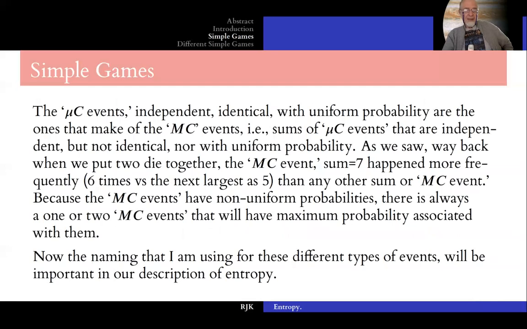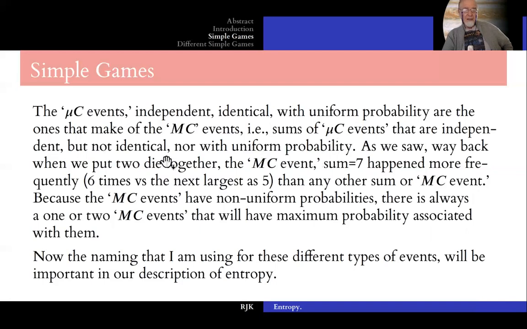These are what I am going to call mu C events, identical with uniform probability. And the ones that make up the sums, I'm going to call MC events. And for now, that's just labels. Later, I'll talk about why I chose those labels.